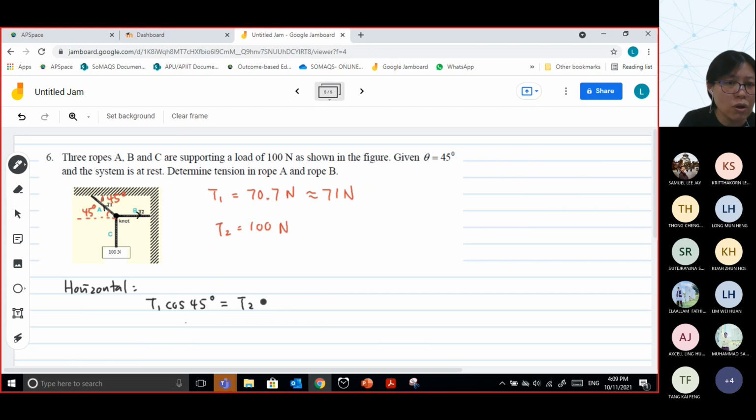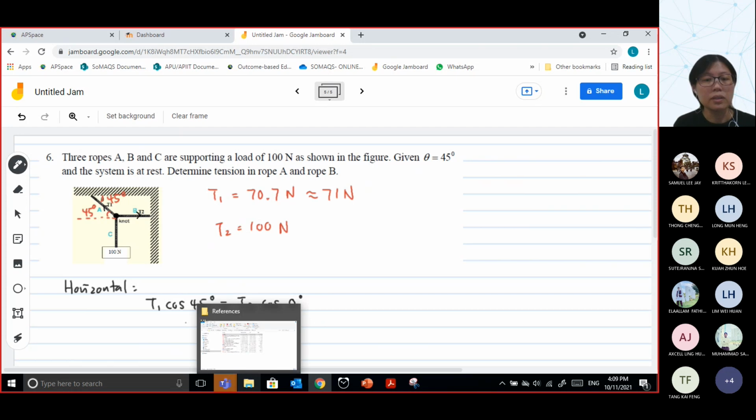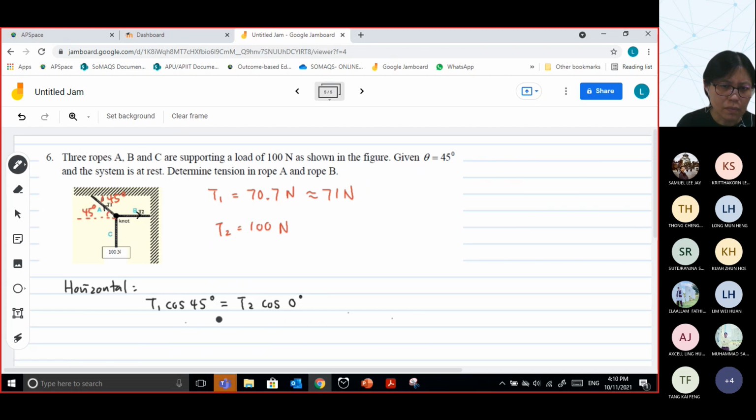So T2 cos 0, exactly horizontal, which is a 1, right? So that means here I have T2, this is 1.